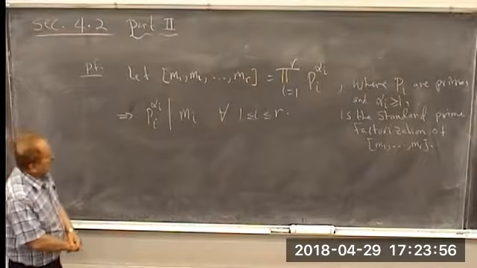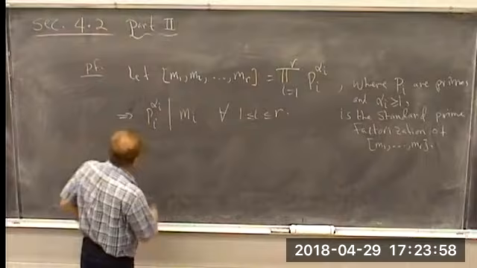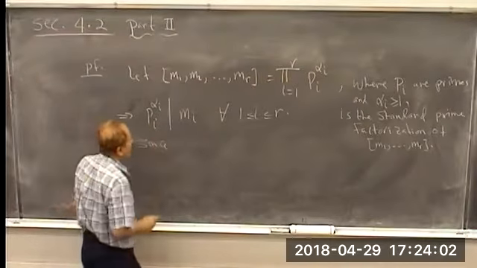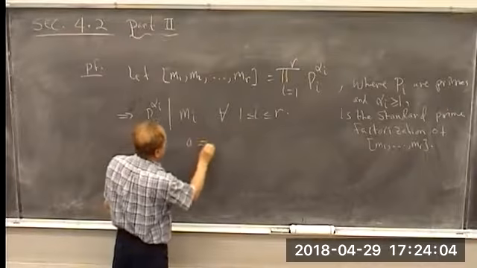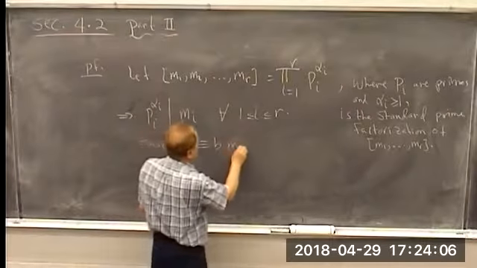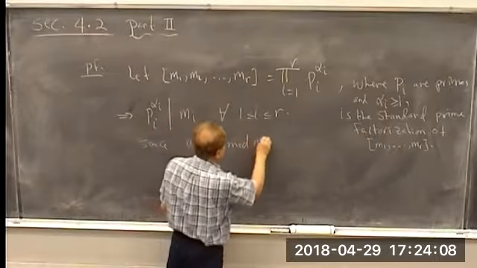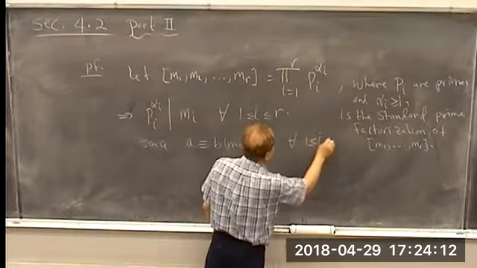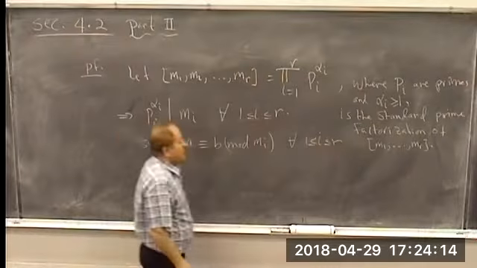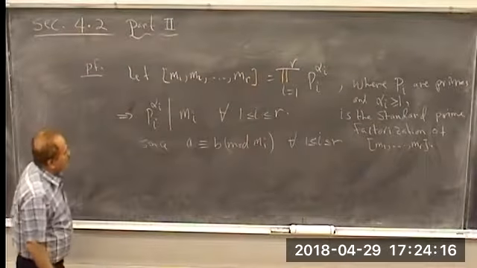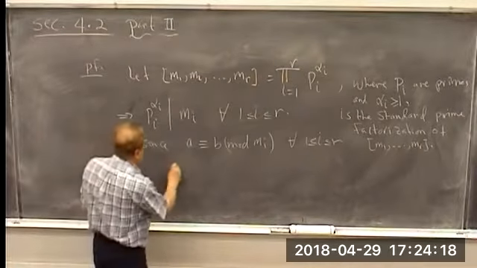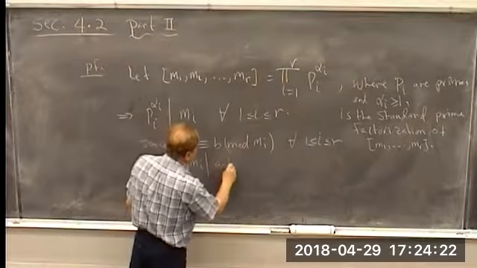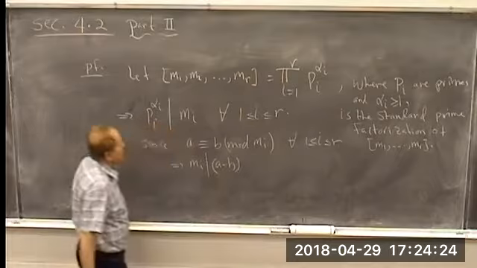All right, now we also have, since A is congruent to B mod each one of them, again for every i, then this implies that Mi divides A minus B, again for each one of them.